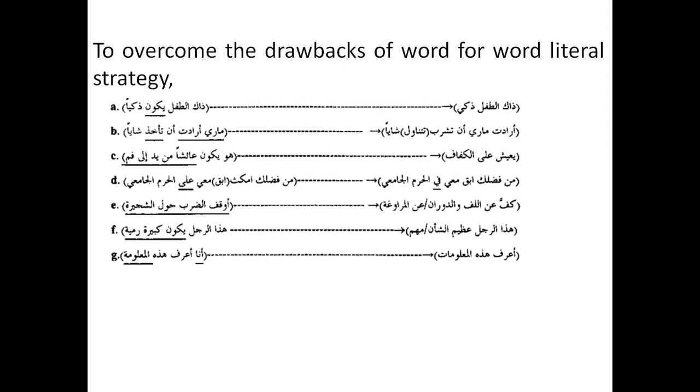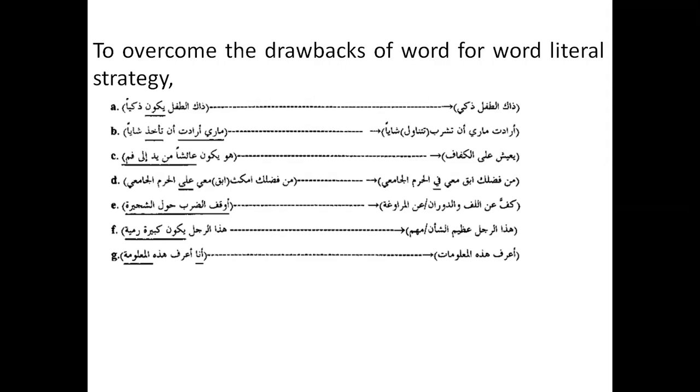So the drawbacks of this word for word literal translation are: grammatical differences are neglected, the context is neglected, the target language is completely neglected also, and the lack of equivalences. If we have a term which does not have an equivalent term in the second language, we cannot render it at all based on this strategy.